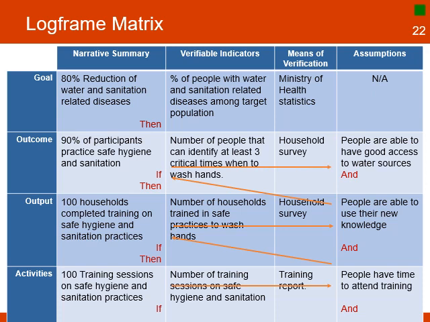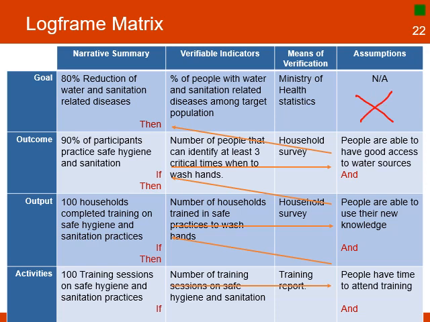If people will practice safe hygiene and sanitation and people are able to have good access to water sources, then there will be an 80% reduction of water and sanitation related diseases. Note that there is no assumption at the goal level because the project is not reaching a higher goal.